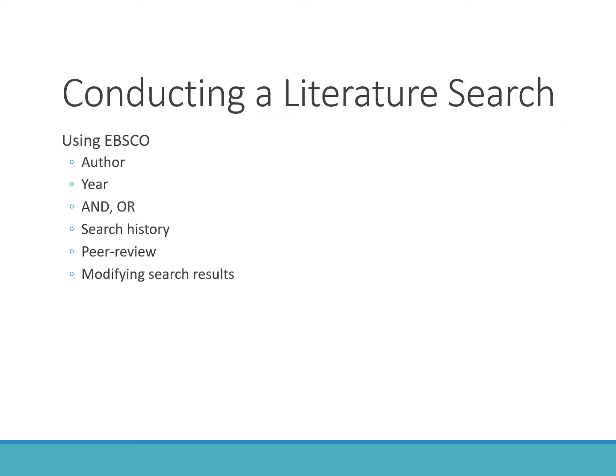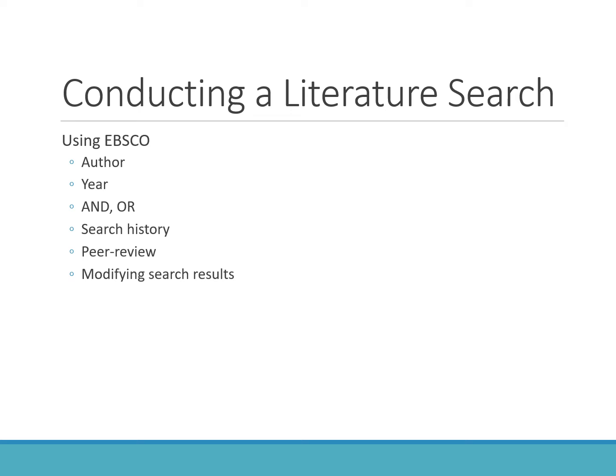Now, if you have a couple of different words that might represent whatever you're studying. So maybe I'm curious about memory and alcoholism or alcohol abuse. I can use that "or" function and it will pull up any article that talks about either memory and alcohol, or memory and alcoholism, or memory and alcohol abuse.